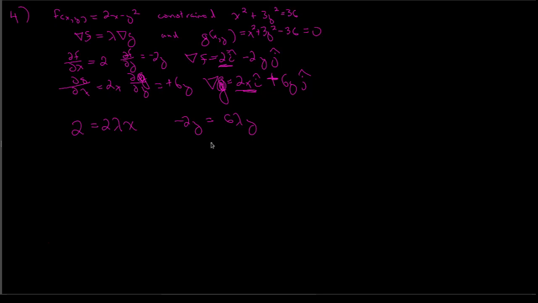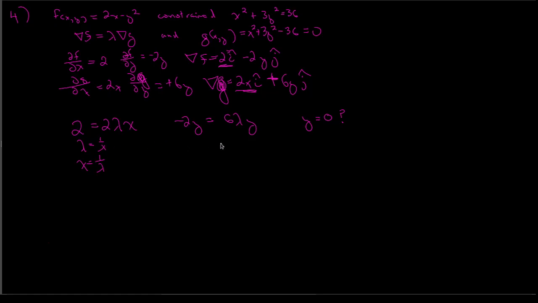We'll notice that y divides out, so we're going to have to ask ourselves what happens when y equals 0. Because when we divide through by y, we lose all relevance of the y equals 0 solutions. Over here, what we'll find is if we solve for lambda, lambda equals 1 over x, or x equals 1 over lambda. They're reciprocals this way.